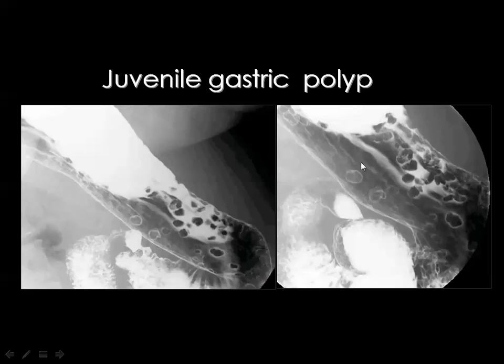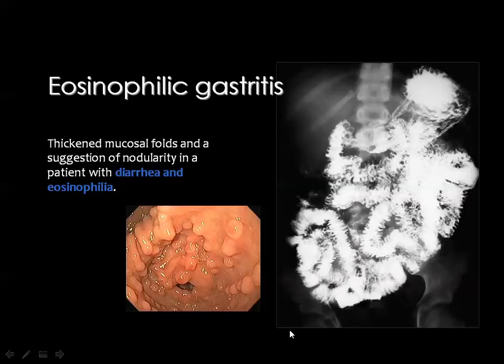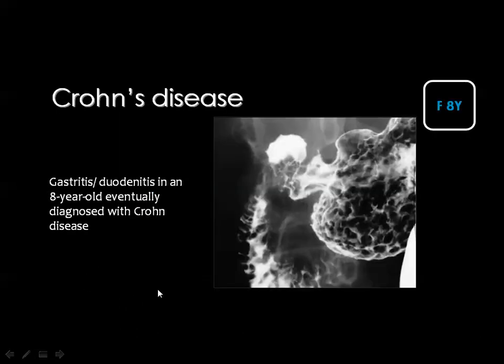In the air-filled areas, they are coated by barium on the outer surface. One of the causes of apparent polyps and mucosal hypertrophy of the gastrointestinal tract in children is eosinophilic gastritis, where there is some nodularity in the small bowel and also in the stomach. Patients present with diarrhea and, of course, eosinophilia in order to reach this particular diagnosis.